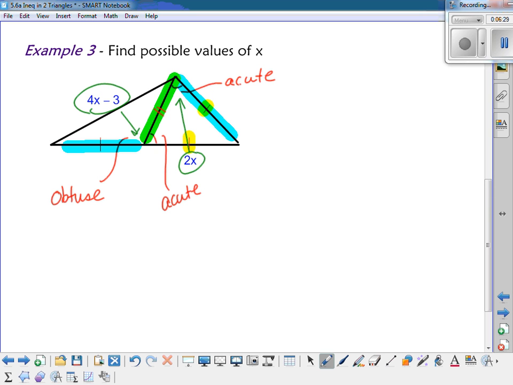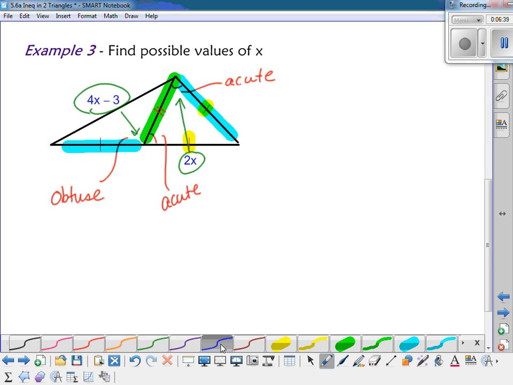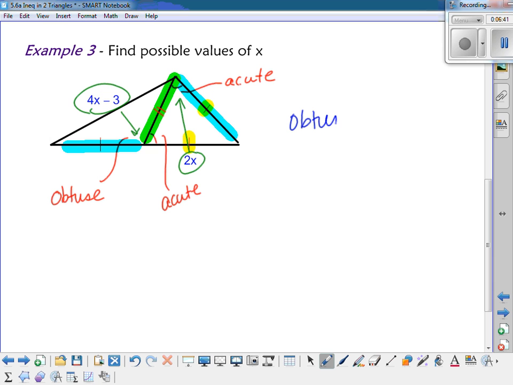I've got two sets of congruent sides, and even though I don't know the angle measures, I know one is obtuse and the other is acute. Because an obtuse angle is greater than an acute angle, I know that opposite my obtuse angle, the 4x minus 3 has to be greater than what's opposite the acute angle, 2x. And then you would just solve for x.